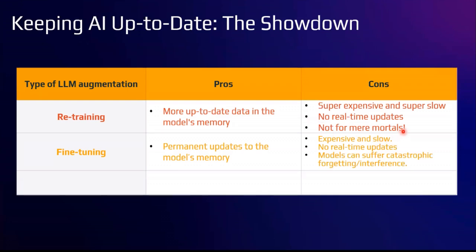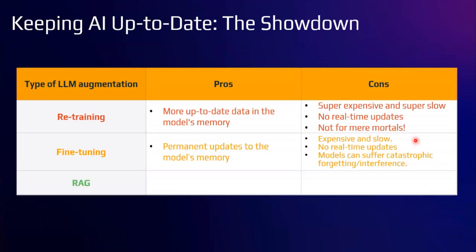It can be expensive and slow to fine-tune your model, but you also won't get real-time updates because anything after that the model doesn't know. And another thing that you have to take note of is that models can suffer from something called catastrophic forgetting or interference, which means that when you teach the model new things, it could possibly forget things that it has learned before. So this is something that developers and AI engineers need to take note of.